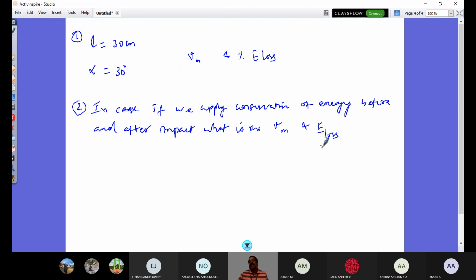So when I say energy loss, you would immediately say it's zero. Why? We are applying conservation of energy. So energy is not conserved is very clear.